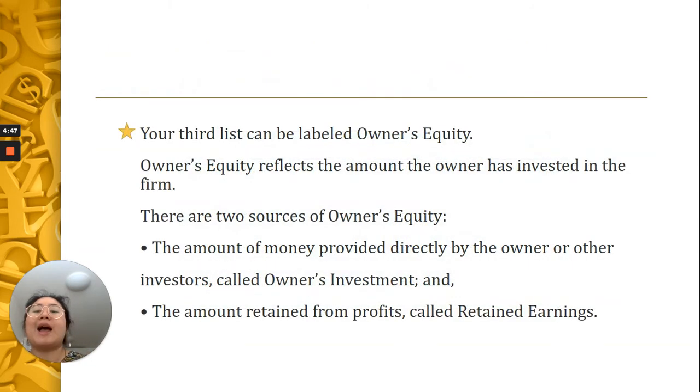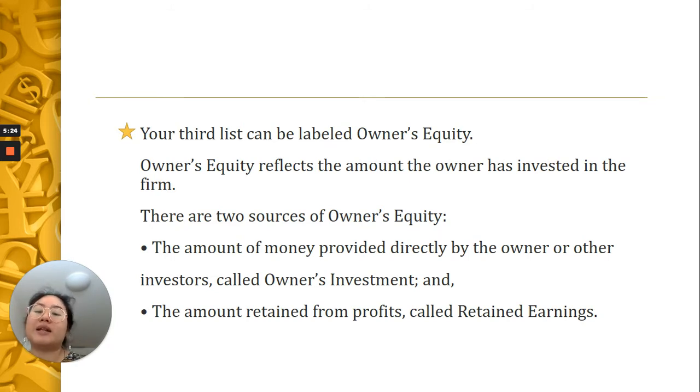And the third list can be labeled as owner equity. Owner equity reflects the amount the owner has invested in the firm. There are two sources of owner equity. The first is the amount of money provided directly by the owner or other investors, which is called owner investment.